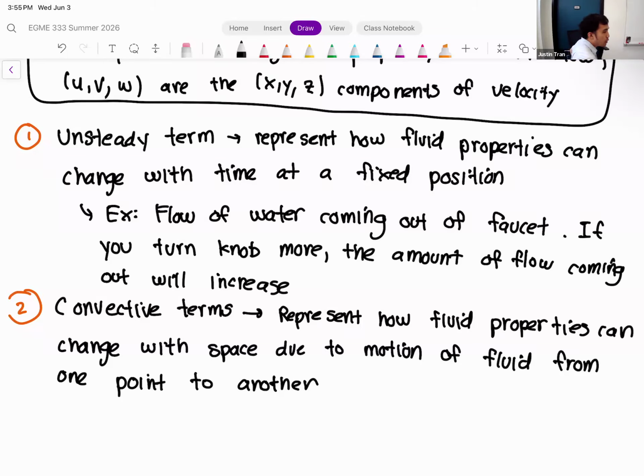So this is something that's unique to fluid flow, because in fluid flow we have this velocity field, and just by flowing along with that flow field, things can change in space.